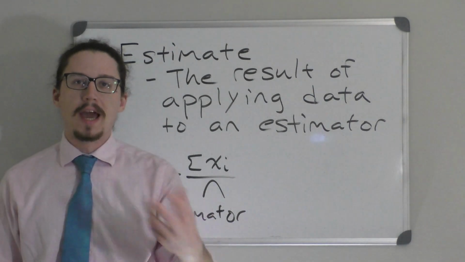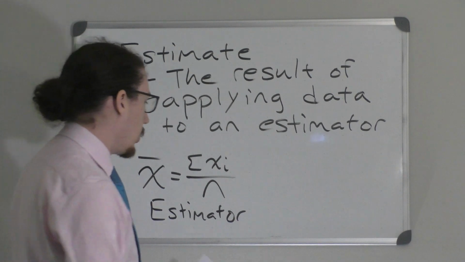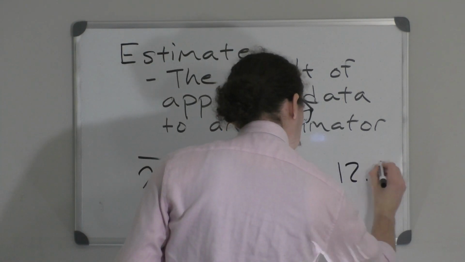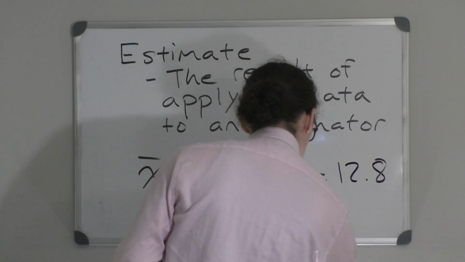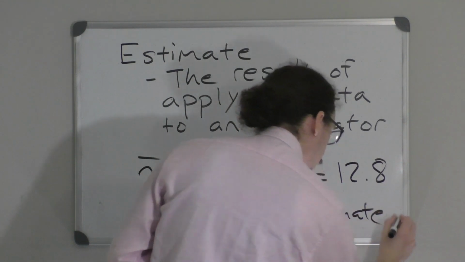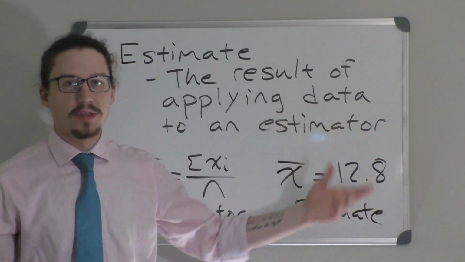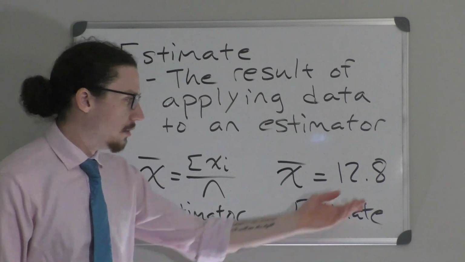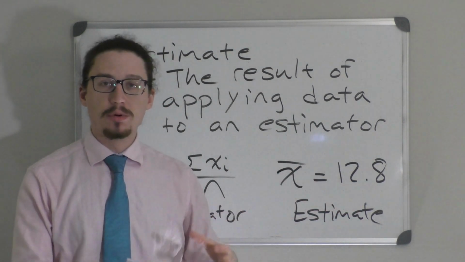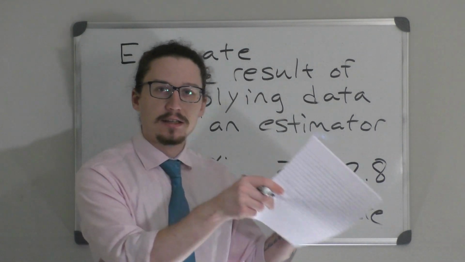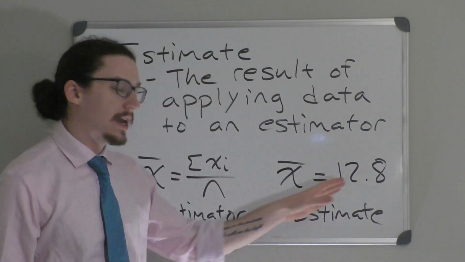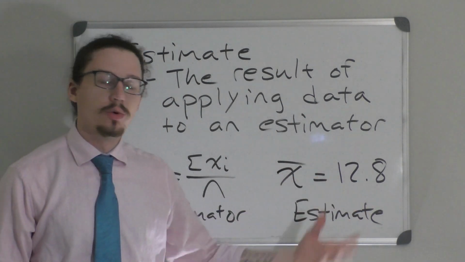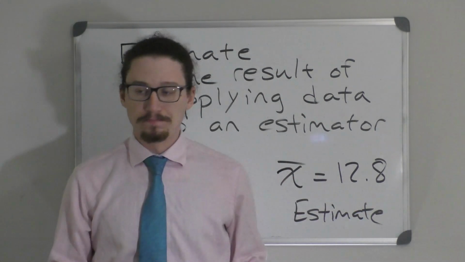Now, if we go out and we gather some data and we calculate that the sample mean for something is, say, 12.8, 12.8 is not important, it's just a placeholder. But once we take a sample, take that data, apply it to the estimator, actually do that calculation using the data, the number we get, the result we get, is the estimate.